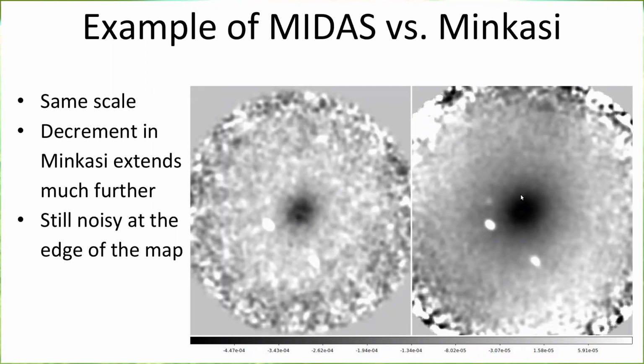And so even though the signal is quite weak at the edge, we should expect that overall there's a slight negative value at those large radii. But in the traditional method, you actually see right here a positive ring about halfway out, and then it's maybe close to 0 at the large radii.